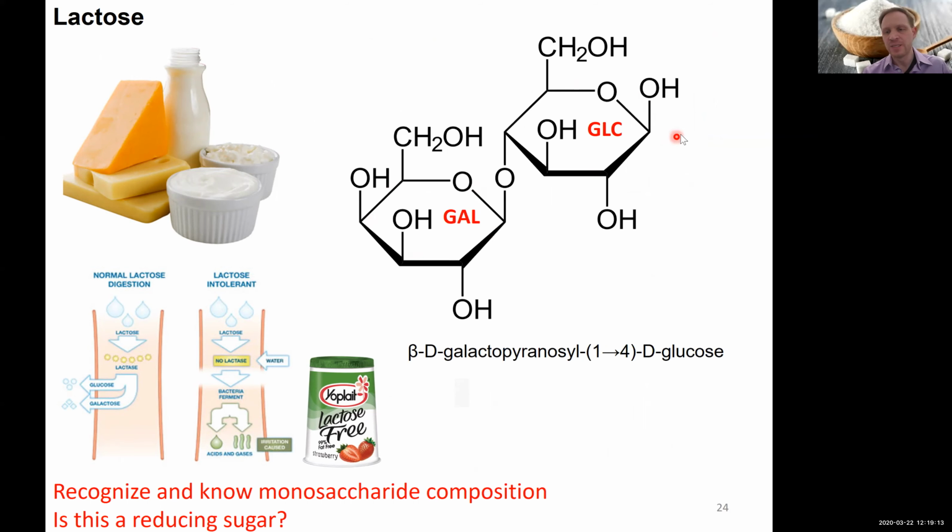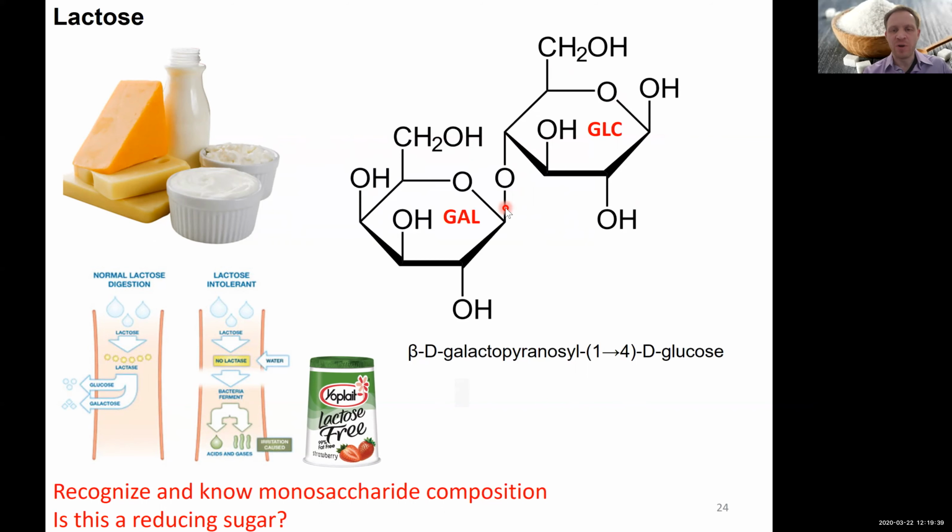Right? As a fun fact on the side, for those of you who suffer a bit from lactose intolerance, what is actually happening is that if you take up lactose as a dietary sugar, usually you would have an enzyme called lactase that is capable of breaking this bond in the disaccharide and releasing free glucose and free galactose. Not everybody has that.